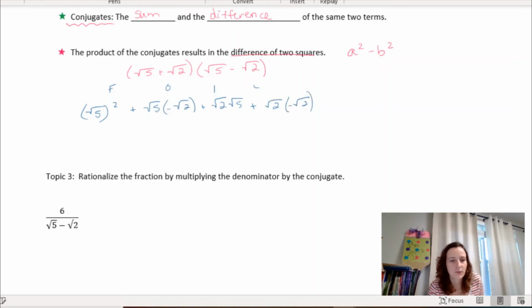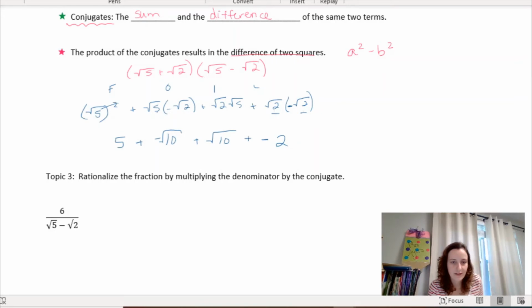Okay, so the square root of 5 squared, so this is 5, plus 5 times 2 is 10, negative square root of 10, plus 5 times 2, positive square root of 10, plus here I have square root of 2 times negative square root of 2. So this negative is on the outside, so it stays on the outside. So this is a minus, and square root of 2 times the square root of 2, square root of 2 squared, is just going to be 2.